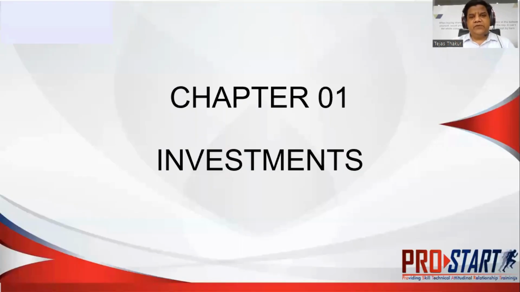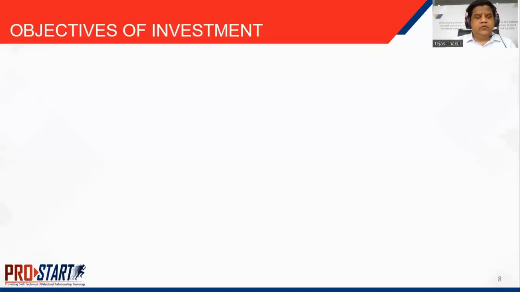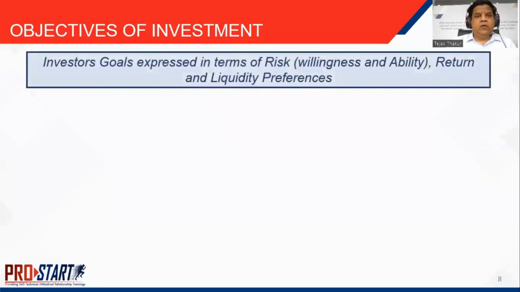Coming to our first chapter, which is the chapter on investments, chapter 1. What is the objective of investment? Normally, if you look at investor goals, they fall into 3 parts. They have 3 parameters: one is the risk parameter, second is the returns parameter, and the third is liquidity preferences. So obviously, with risk and return being the same, liquidity will change the situation and change the products for the person.